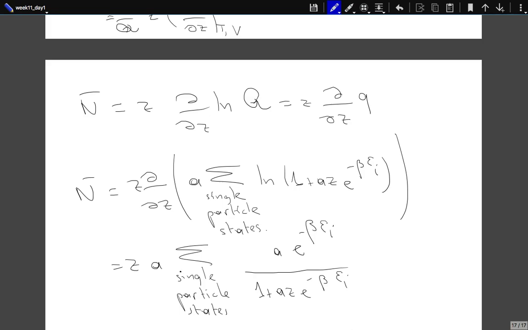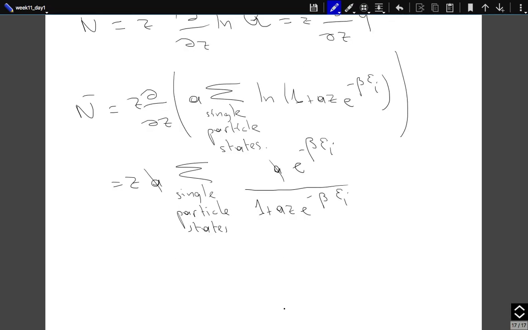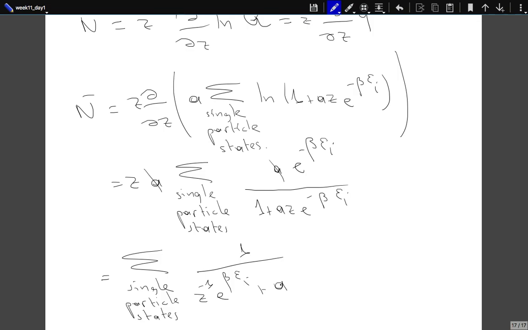Well, a is either plus 1 or minus 1 in this case, so I can just cancel these a's. A squared is just 1. This is equal to the sum over single particle states of 1 over e to the power z inverse e to the power beta epsilon i plus a.